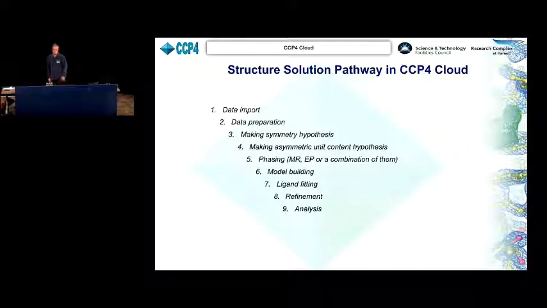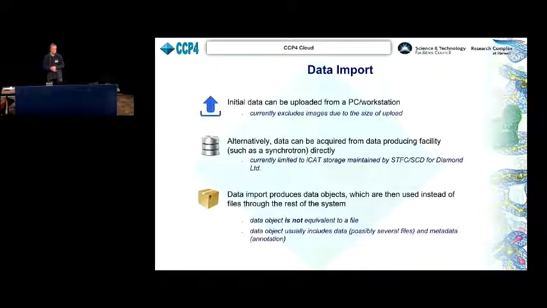Currently the structure solution pathway is split into 9 principal stages, starting from data import and ending in analysis and validation, which also includes preparation for deposition. Data import is the first step.